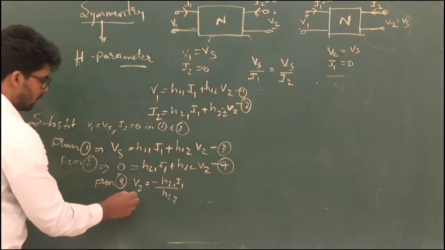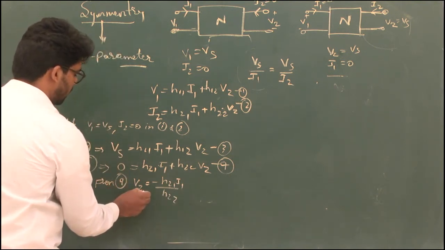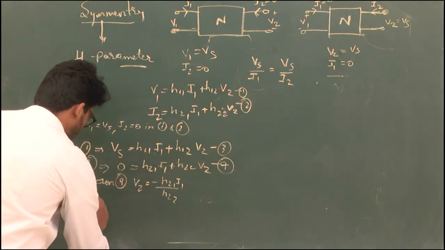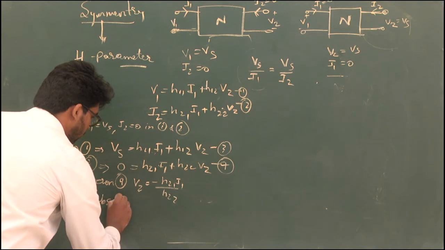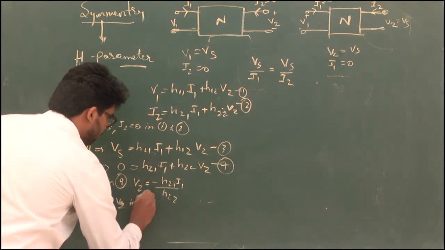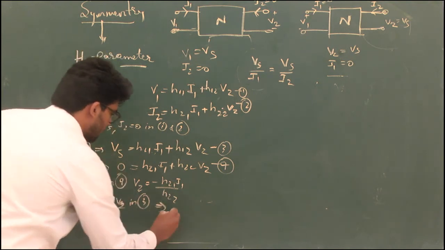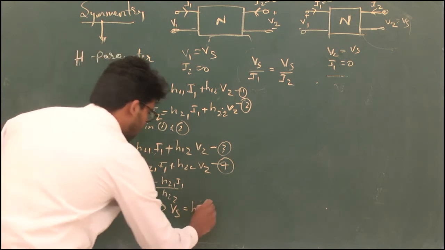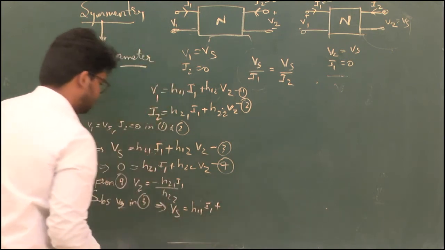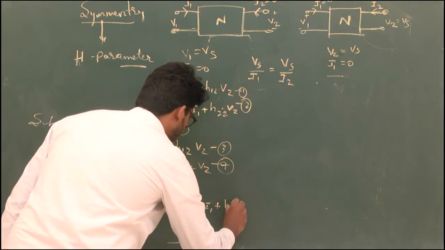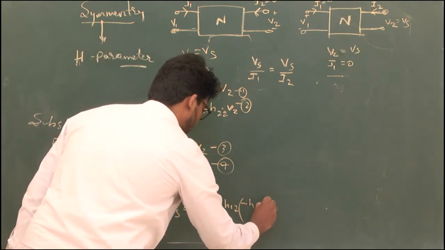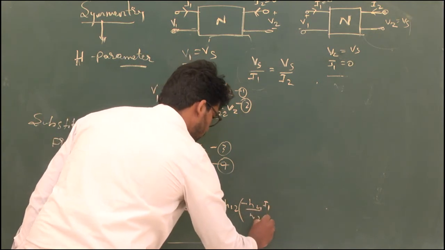So substitute this V2 in equation 3. You will get Vs equal to H11 I1 plus H12 times minus H21 I1 by H22.